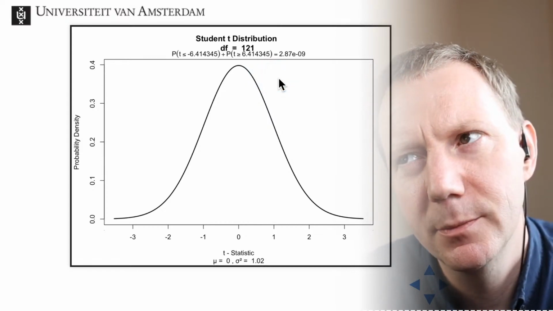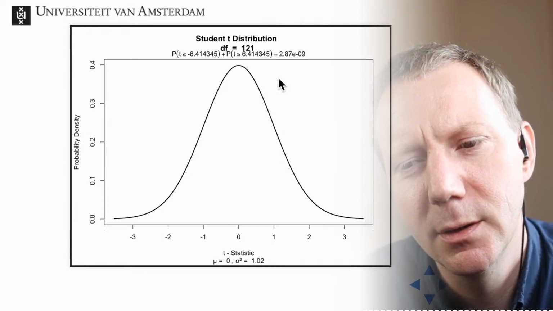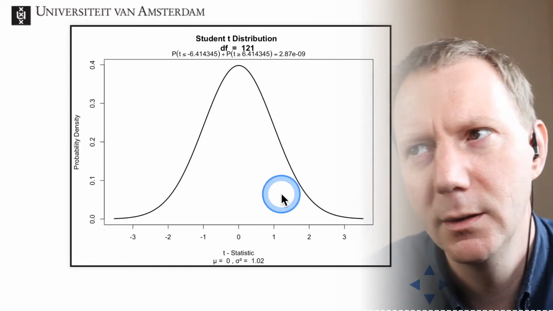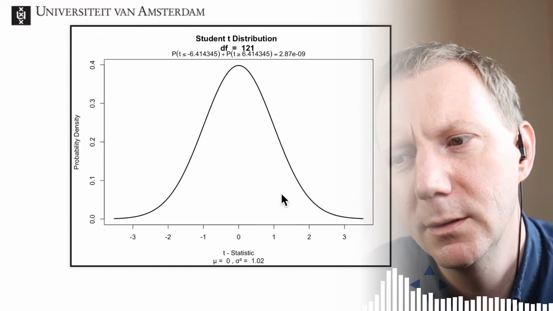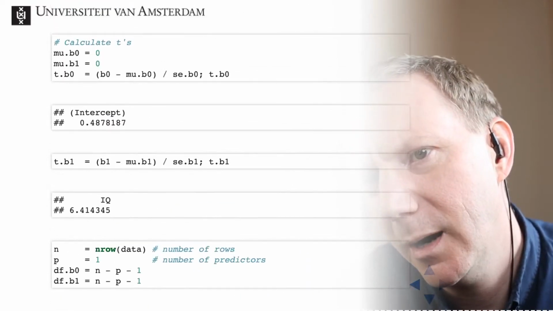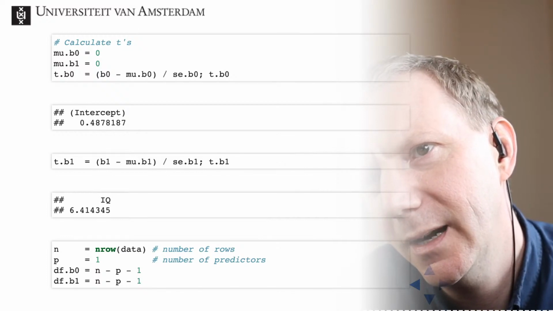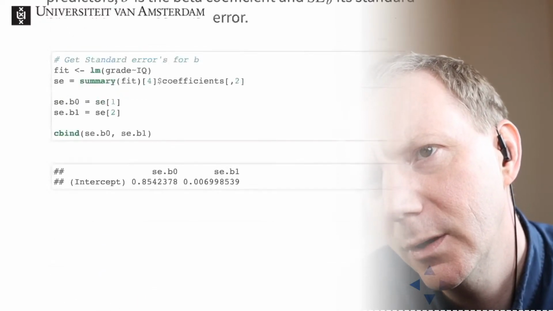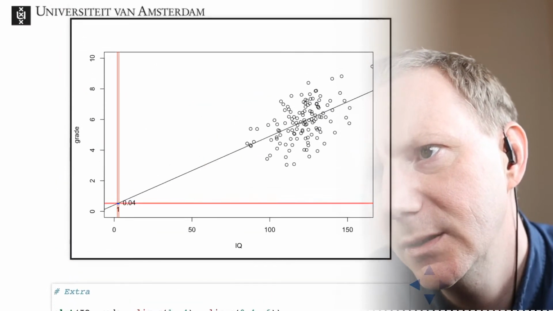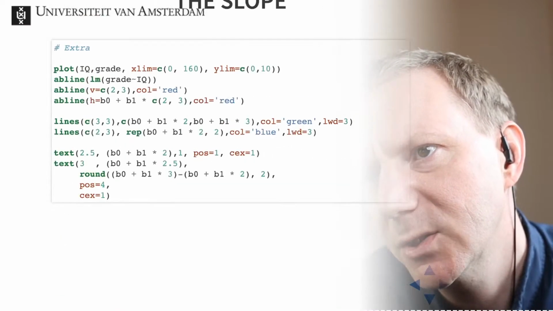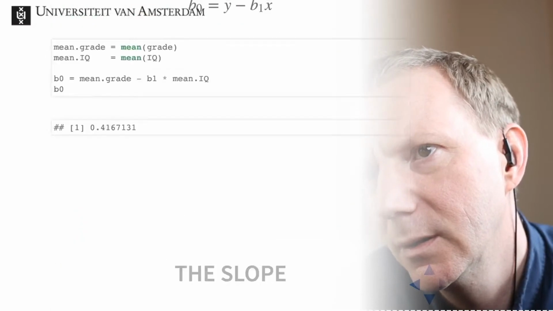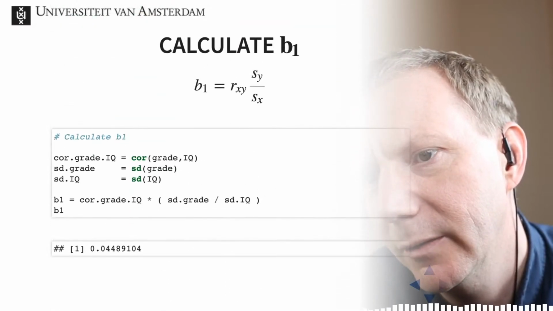Did you expect this? Yeah, because the data was generated. Yeah, the data was generated, but our slope for B1, let's see, it was quite small, right? Here we have it.